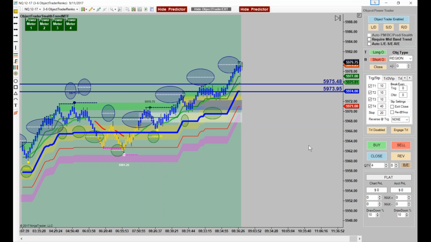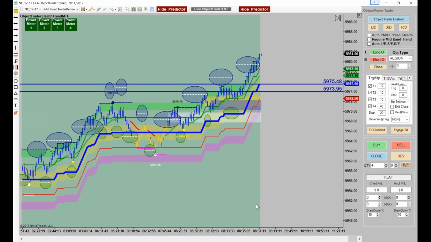Let's just see if it does. Yeah, you can still see it even on a Renko chart. There's no question about that. Let's see if we can get a little pullback. If it goes too high, we'll have to get a different pullback, right?